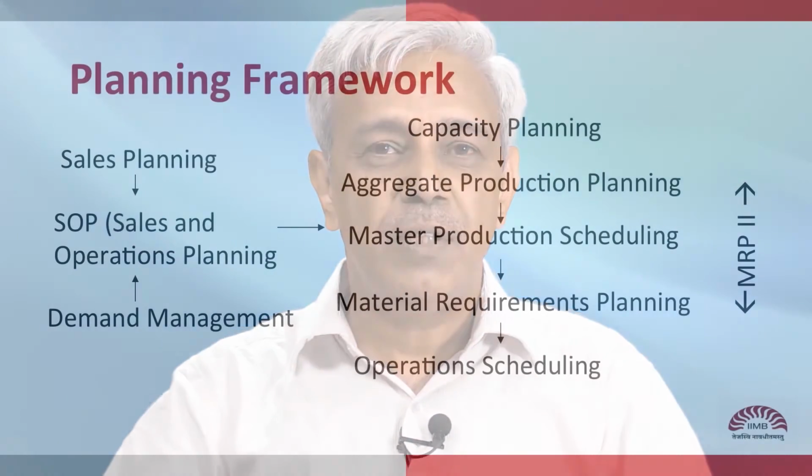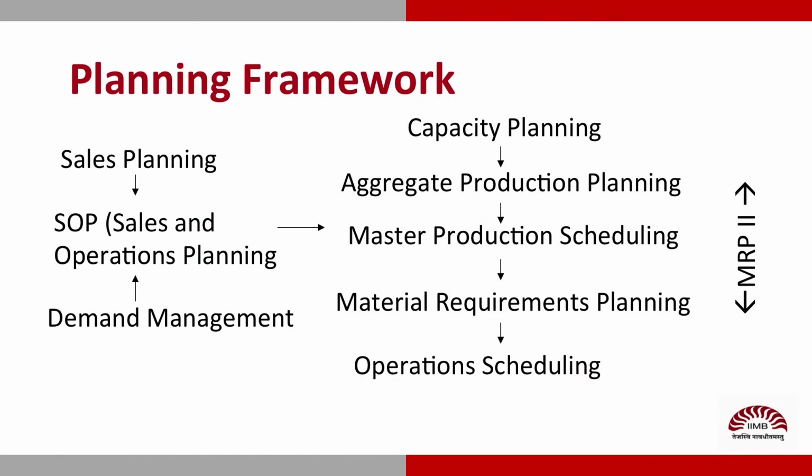And that is where, when we have adopted this hierarchical approach in the interest of solving the problem and in the interest of making the forecast accuracies feasible, we also have to do something when we are integrating the solutions. And that is where we look at the planning framework like this.